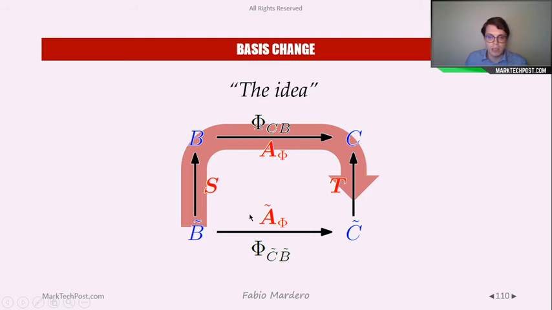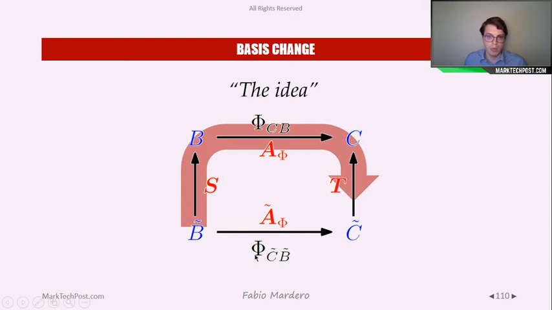We then get this A tilde of phi. Now we want to find a way to write A tilde as a function of A of phi. To do so, we need to involve these matrices, of course. So A tilde goes from B tilde to C tilde.